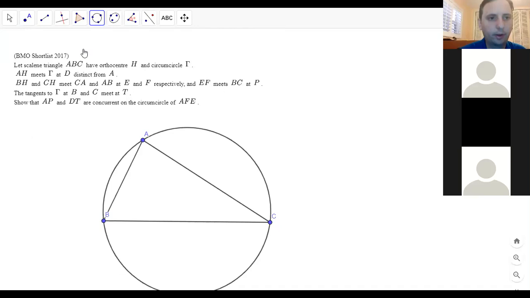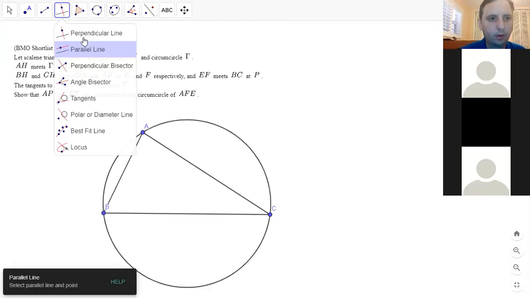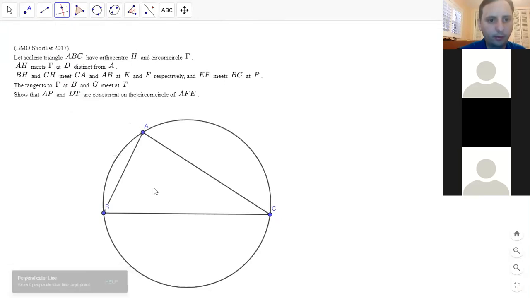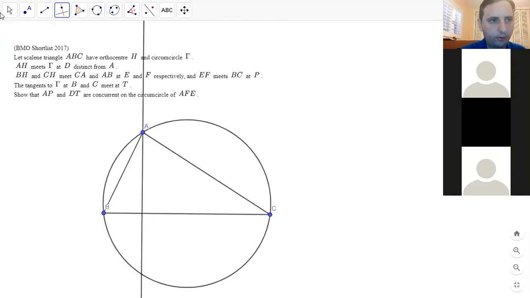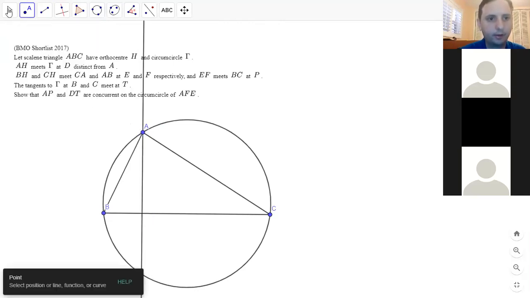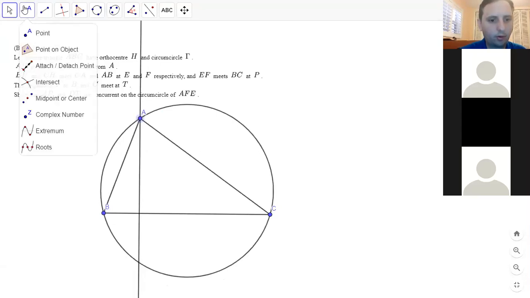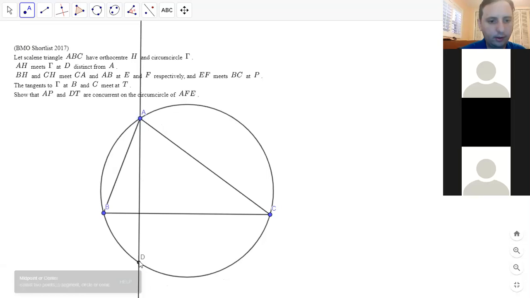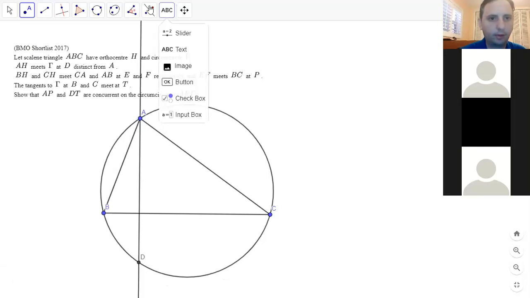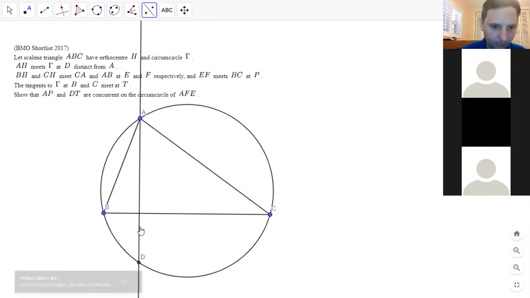Okay, so really what I could do is it says where AH meets the circle. So I could just call that D, and then I could just reflect it and let that be H. So this is D. Let me reflect it over BC, and then we got H.